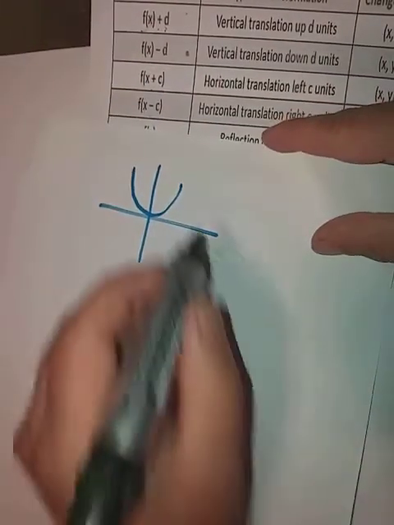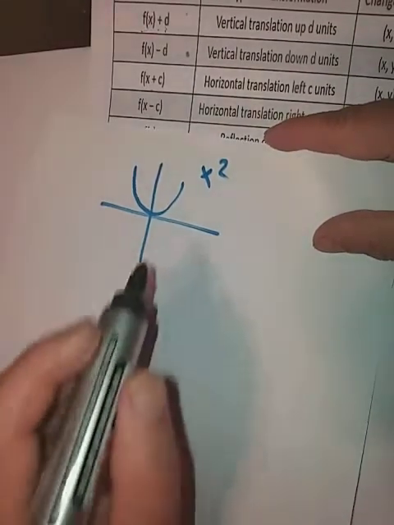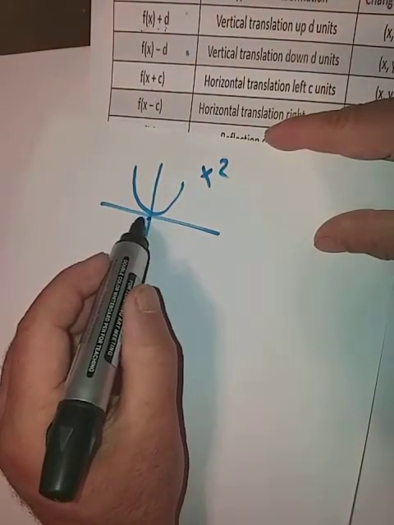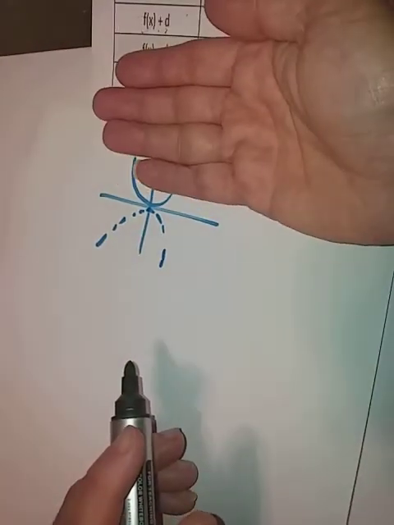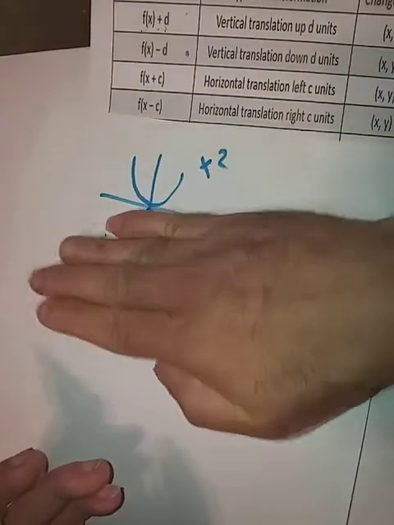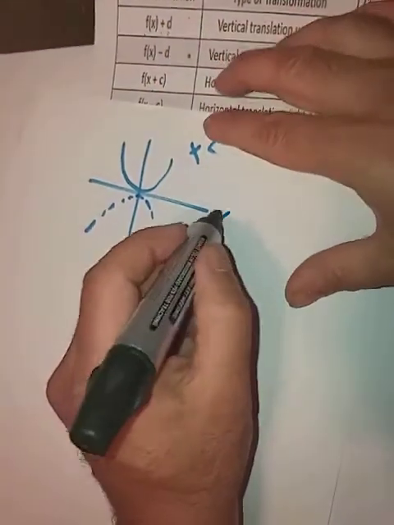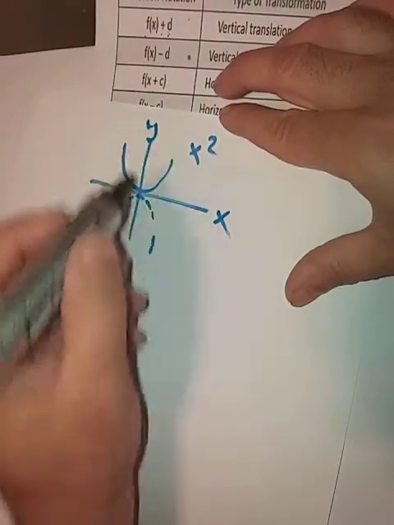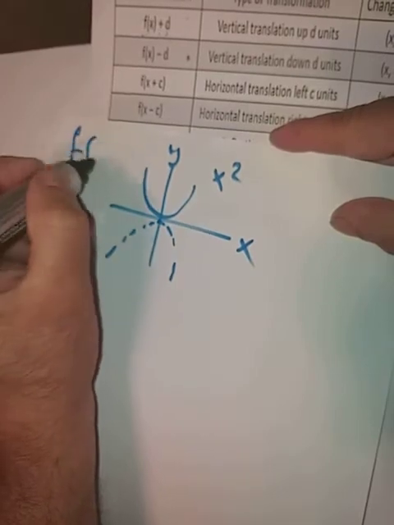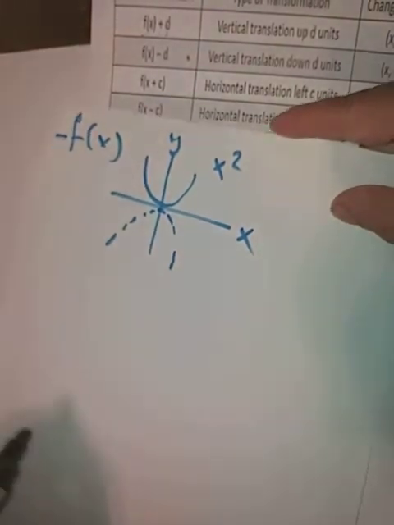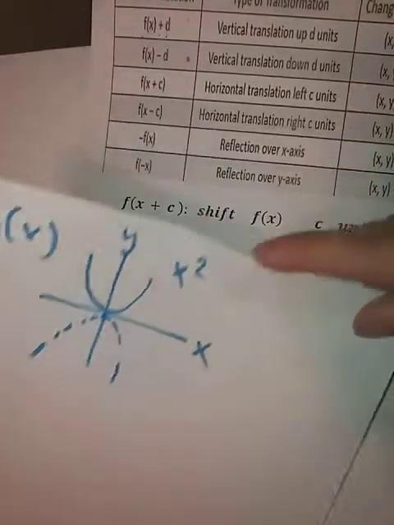It's x square. We reflect the graph about the x-axis. As you know, this is the x-axis and this is the y-axis. For f of x with a minus before it, this one is a reflection about the x-axis.